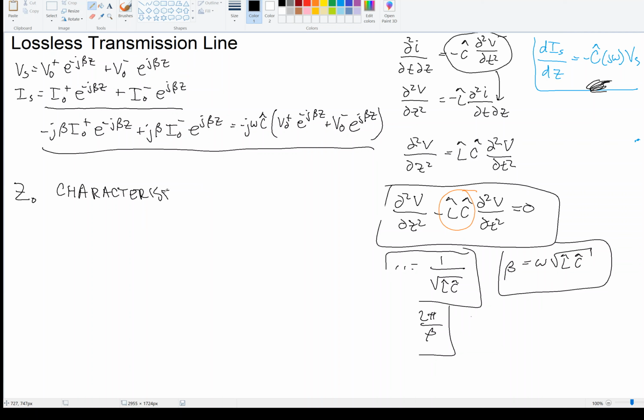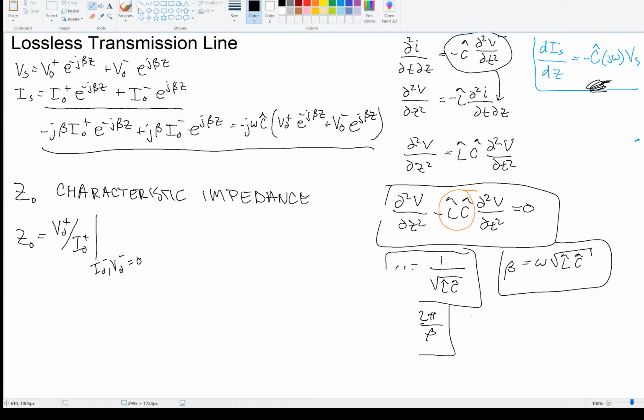Characteristic impedance. It's defined as the ratio of the positively traveling voltage to the positively traveling current at any point on the line. That is to say, Z0 is V0 plus over I0 plus at any point on the line, given that I0 minus and V0 minus are 0.